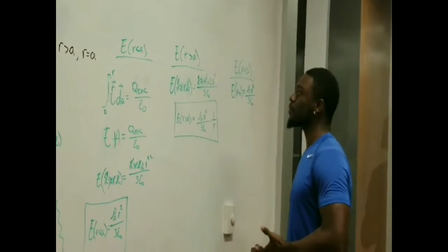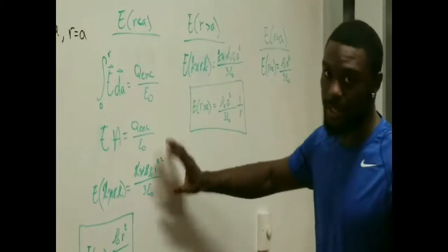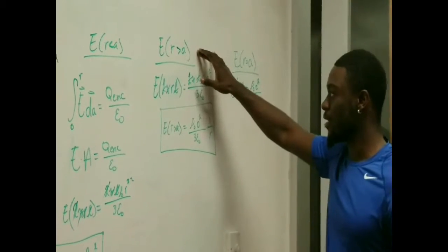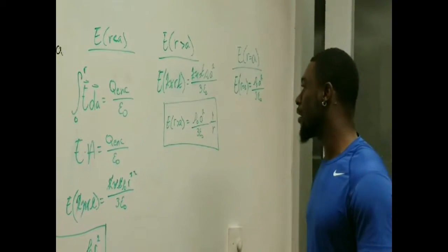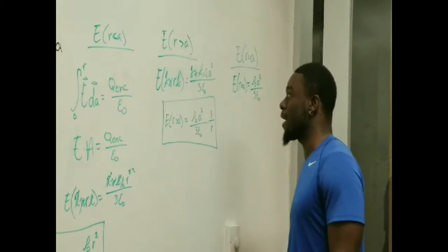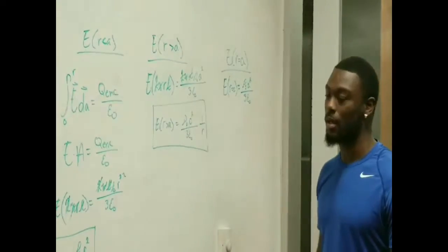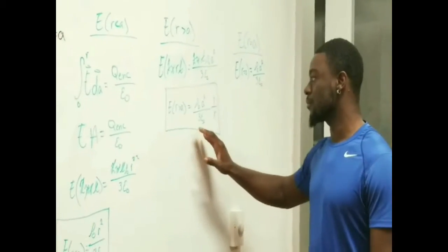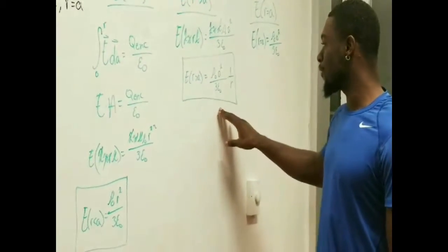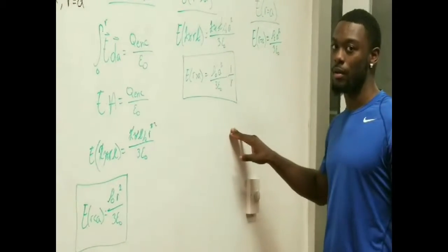So then, I simplified this over here so I didn't have to do all the work. But for r greater than a, you will have E times 2 pi rL equals 2 pi L rho naught a cubed over 3 epsilon naught. And then that's E for r greater than a equals rho naught a cubed over 3 epsilon naught times 1 over r.